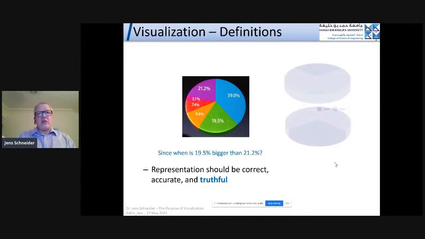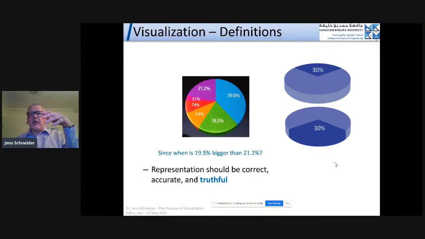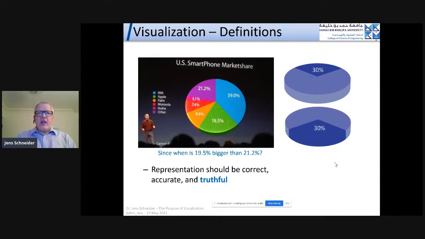To put that into context, this happens because you, of course, have perspective, so area shrinks further from the camera. This was Steve Jobs making a point that between RIM, which is the BlackBerry phone, and the Apple phone, there's almost no competition, neglecting that 21.2% of the market was still using other vendors.